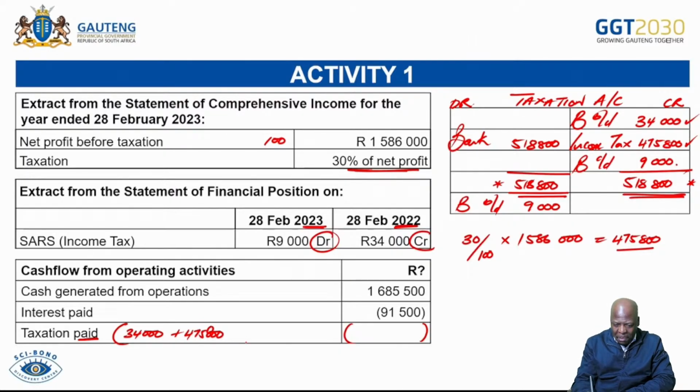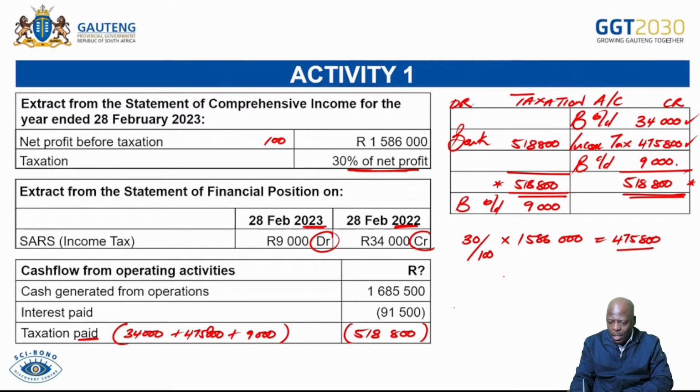Someone says, Mr. Simbi, you keep forgetting the 800. So it's 475,800 plus the 9,000. Then I close the bracket. That is going to give me 518,800 there. And then that is how I get my taxation paid.